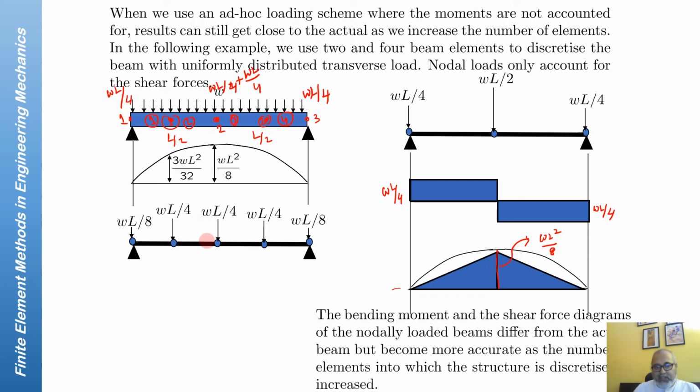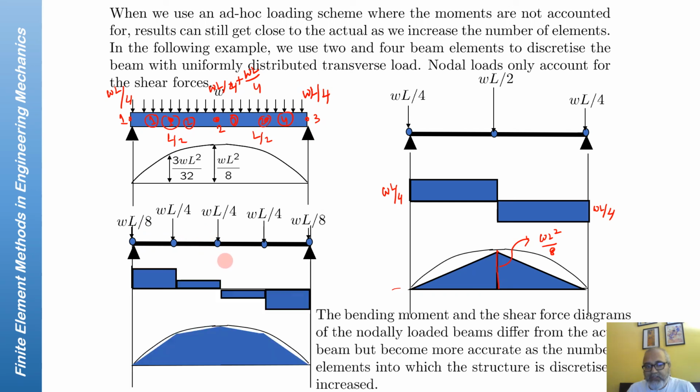For the second element I'll have WL by 8 and WL by 8. So this will become WL by 4. From the third element, I'll have WL by 8, WL by 8. This will become WL by 4 again, and the corner one will have WL by 8. So now, this is how the shear force diagram is going to look, and this is how the bending moment diagram is going to look.